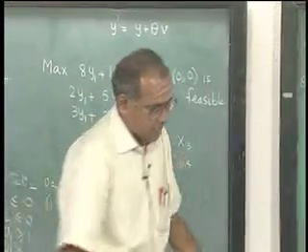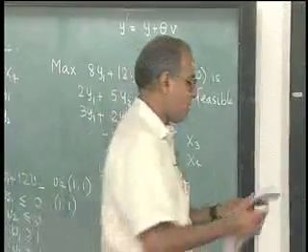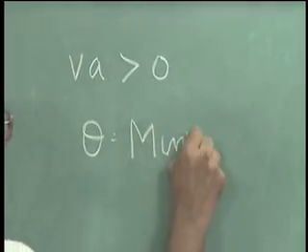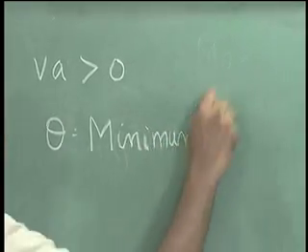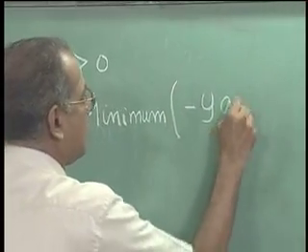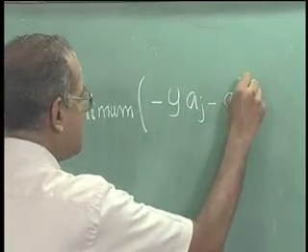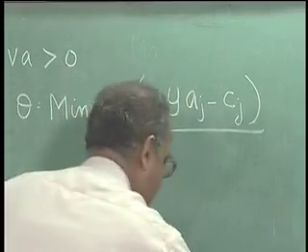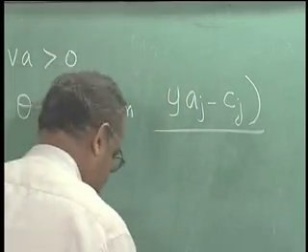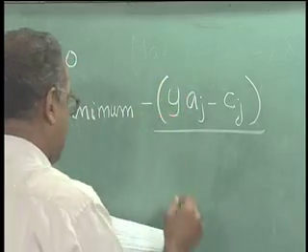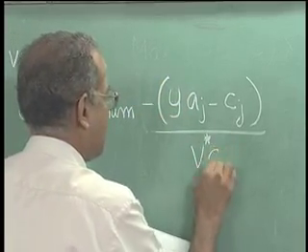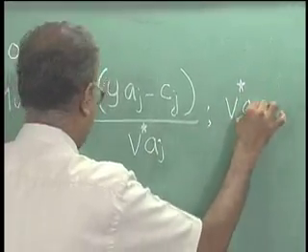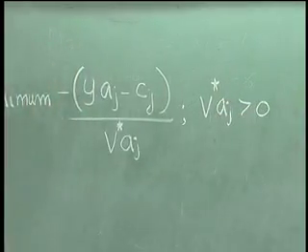So, the best value of theta that we will have will be given by theta is equal to minimum of minus (yA_j minus c_j) by vA_j, greater than or equal to this.